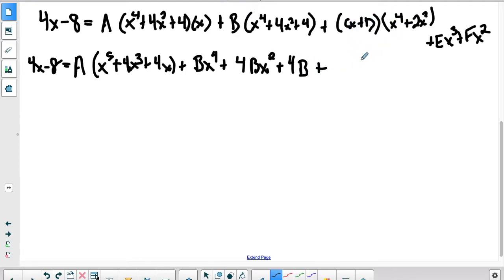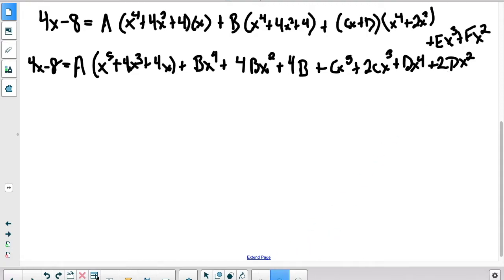So cx times x to the fourth is cx to the fifth, plus 2cx cubed, plus dx to the fourth plus 2dx squared plus e. I ran out of room, so I'll write this down below, plus ex cubed plus fx squared. So we have all of this here.